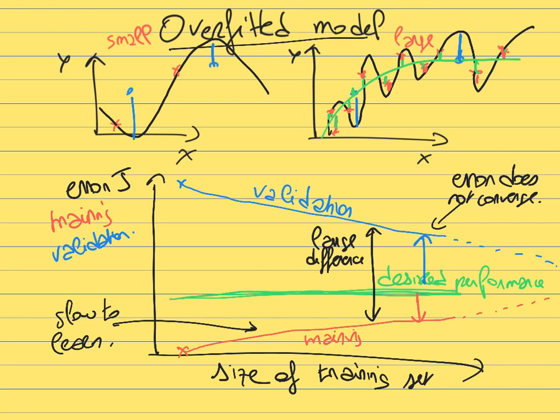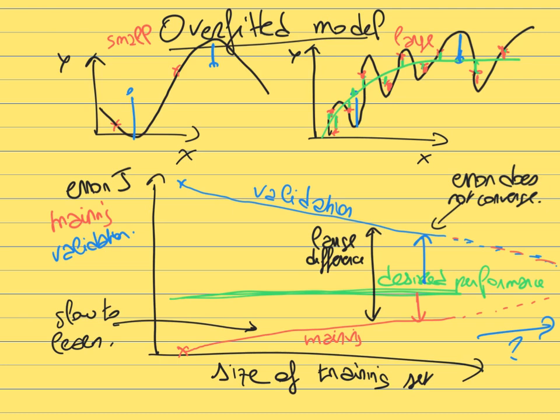Using the learning curve and extrapolating it, you can estimate how much more data you would need in order to have a validation error that would converge towards the desired performance. Do I need to increase the data by 10%, 50%? Do I need to double the number of data? Do I need to multiply the number of data by a factor 10?